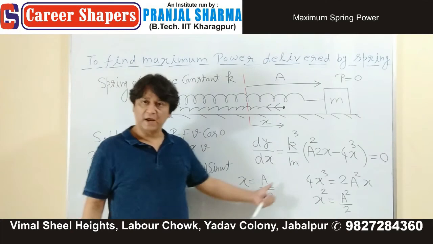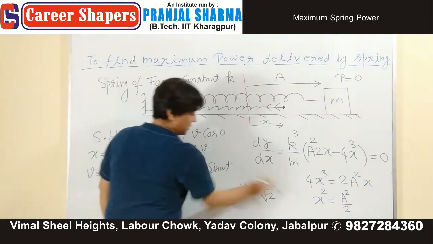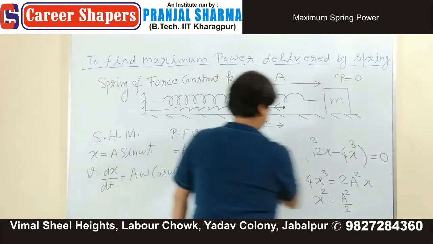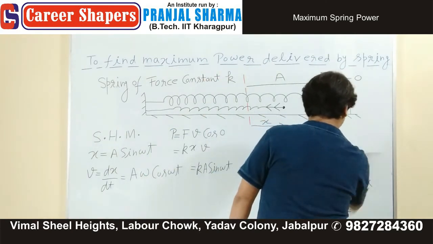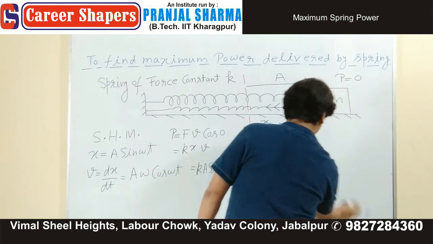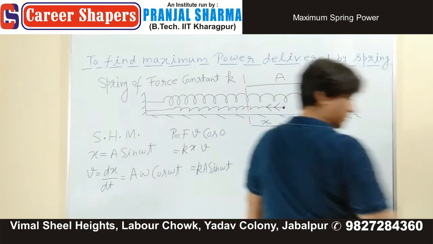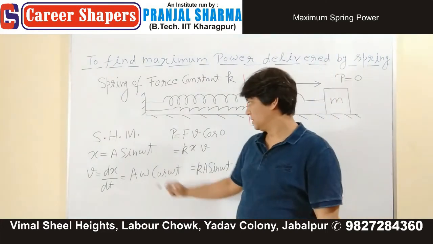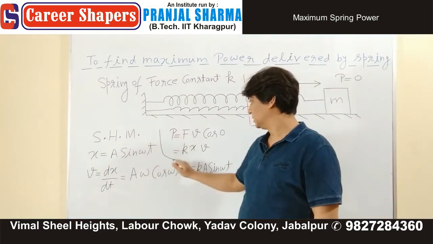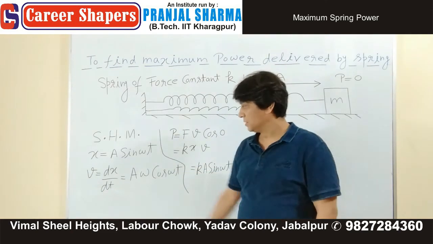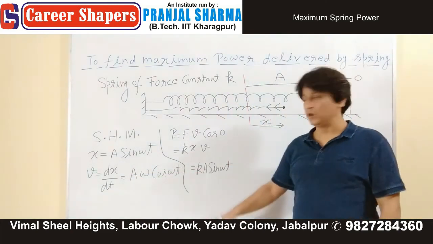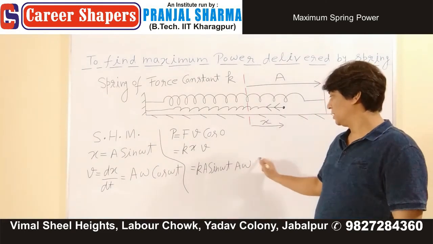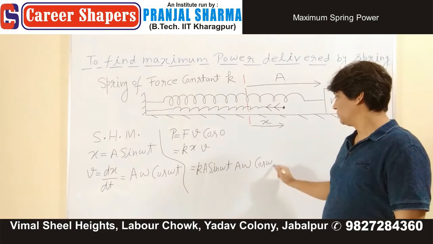Remember this value of x as a upon root 2. This is v. Let's put the value of v. v is a omega cos omega t.